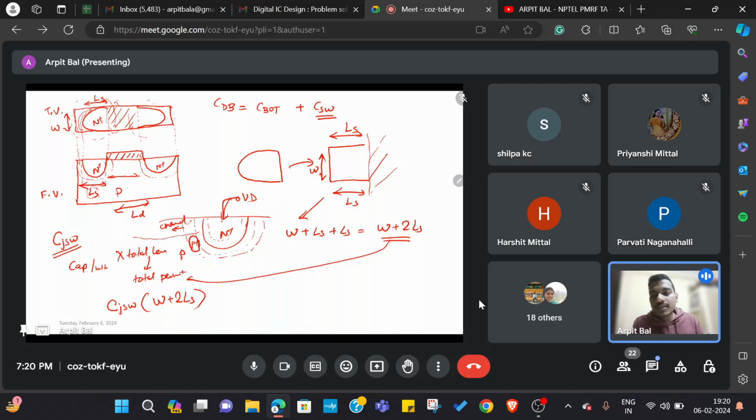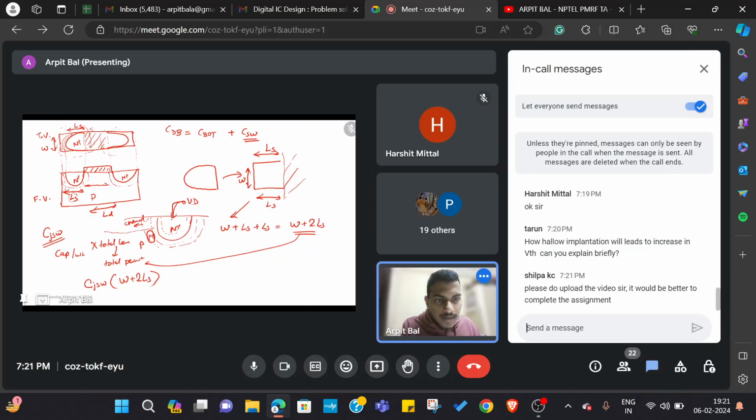It means we have successfully avoided that particular penetration into the channel. Instead, it is now penetrating into the N plus region. Correct. And because of this, the VG that needs to be applied for channel formation is going to be a bit more in comparison to the case where the P plus implant was not used. Does that answer your question, Tarun?